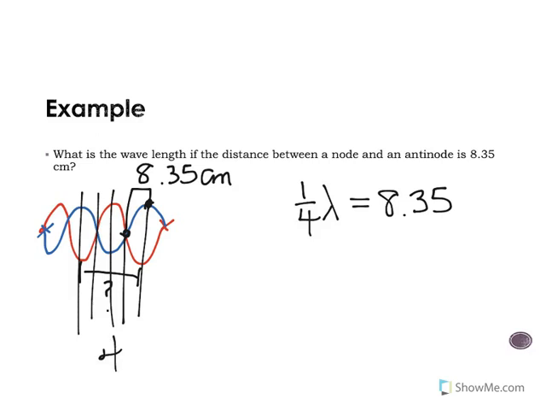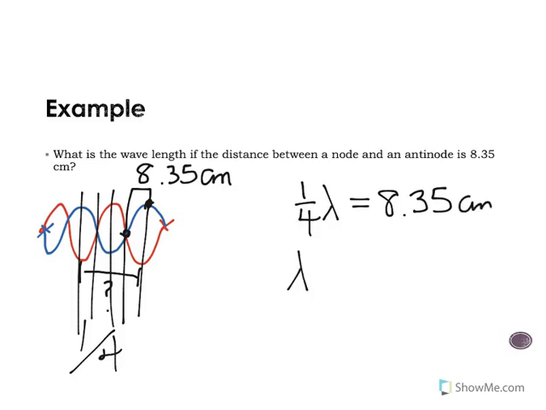So 4 spots, so each spot represents 1/4 of an actual wavelength. So that's what we would use: 1/4 of a wavelength is equal to 8.35 centimeters.